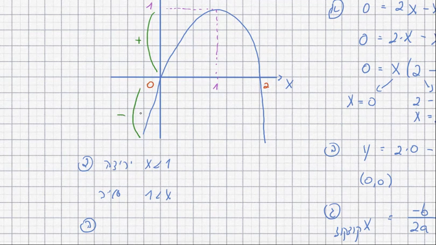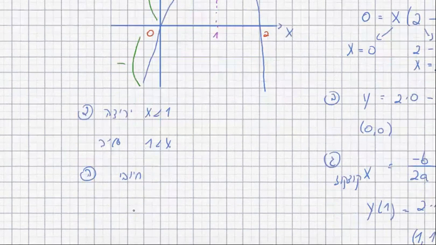So with ירידה and עלייה, the answer is according to the x. But with the חיובי ושליליות, the answer is according to the y. So when is it חיובי and when is it שלילי?